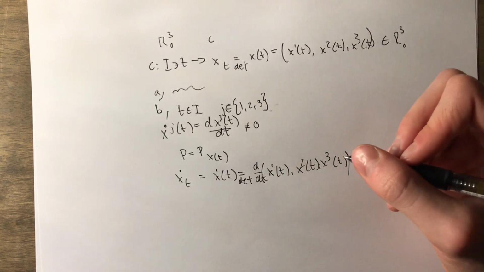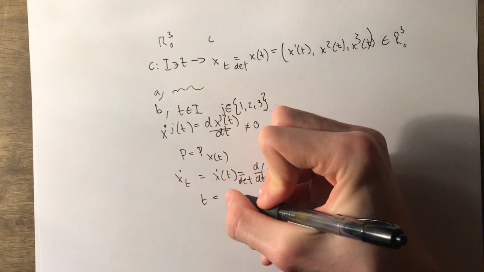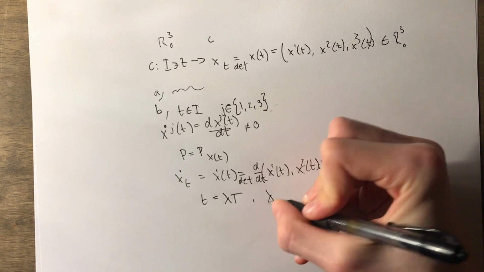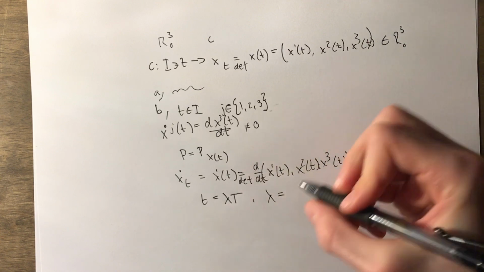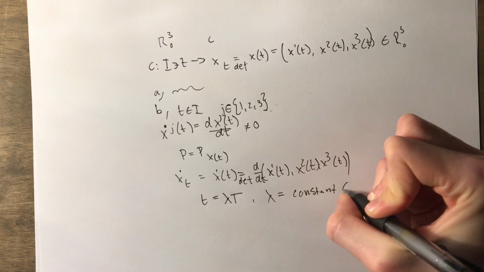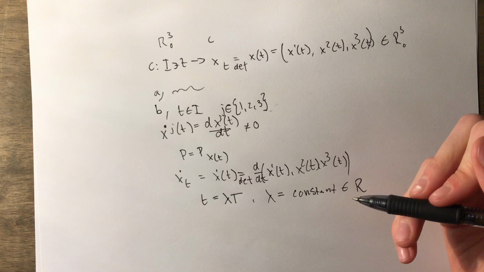And we make the parameter transformation t equals lambda capital T, where lambda is a constant, which is an element of R, the real numbers.